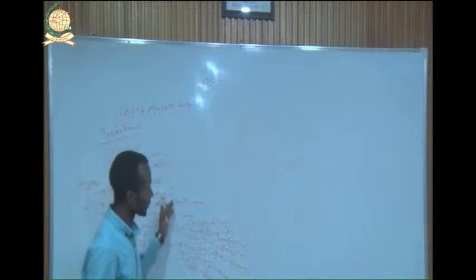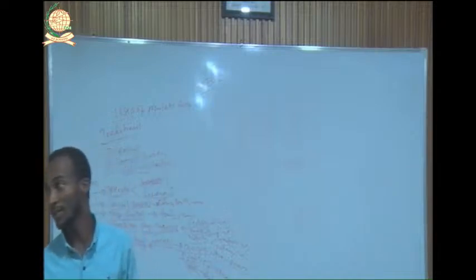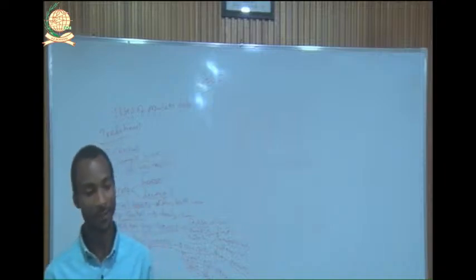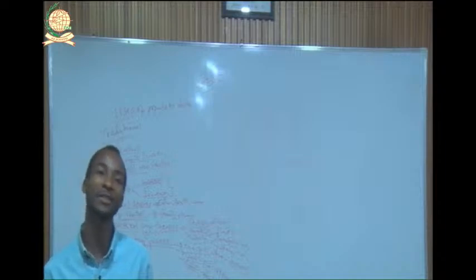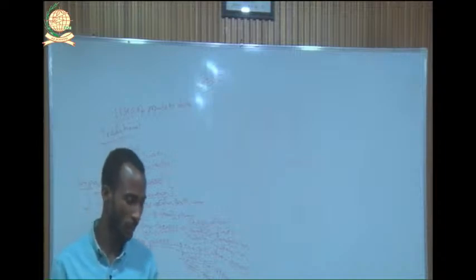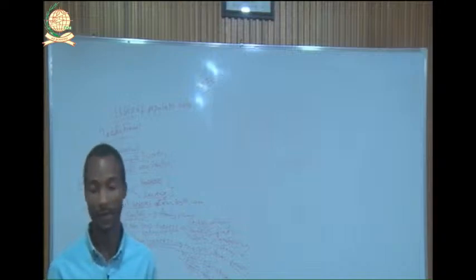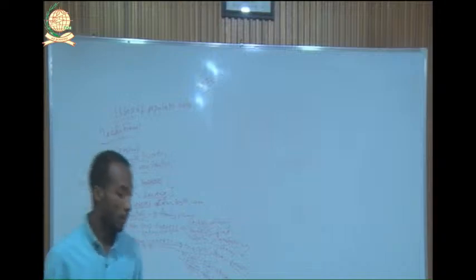Another part is also negative in terms of environment, which is environmental degradation or environmental pollution. The environmental pollution can be caused by either noise pollution or contamination of water, which is water pollution, and other types of pollution.